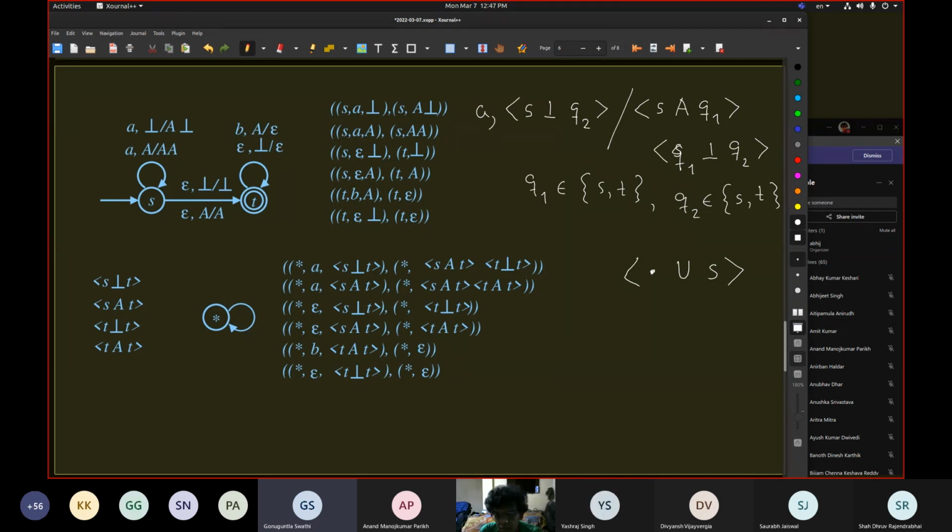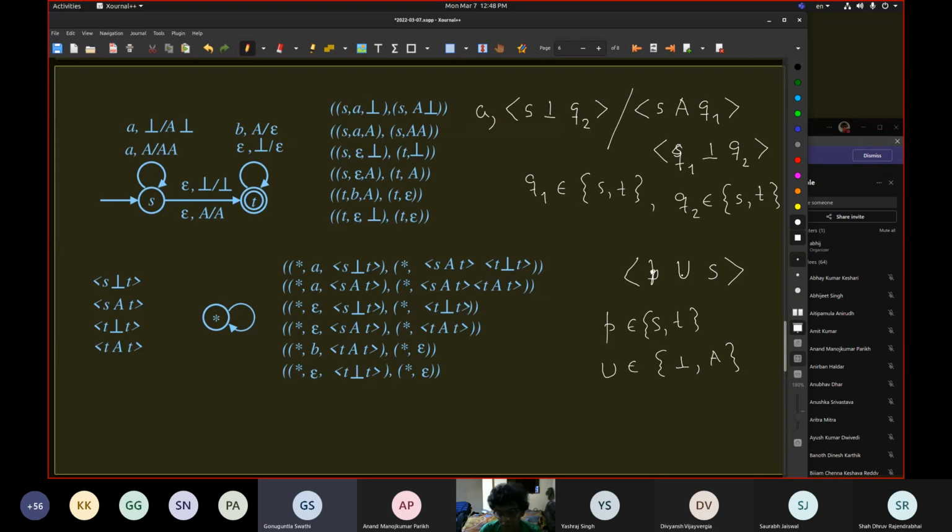This may be S or T. So this may be P. So P is in S or T. U is in gamma, that is this or this. Then you see that the machine will end up in S, starting from whatever state. It will end up in S, and in the process, it has got rid of this symbol on the top of the stack.